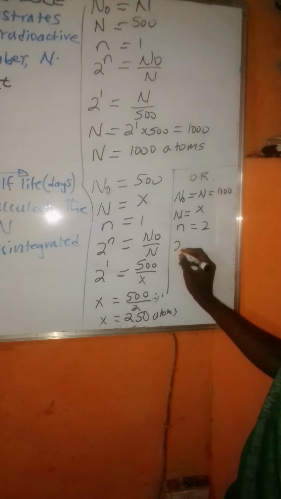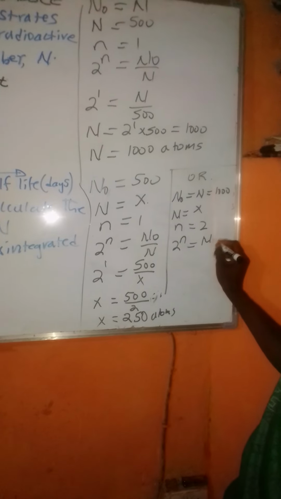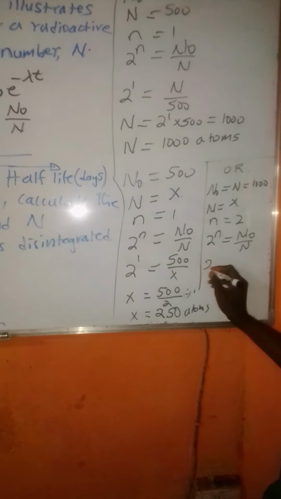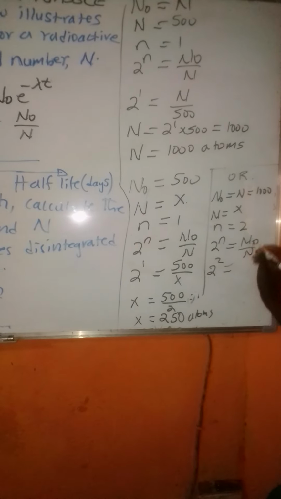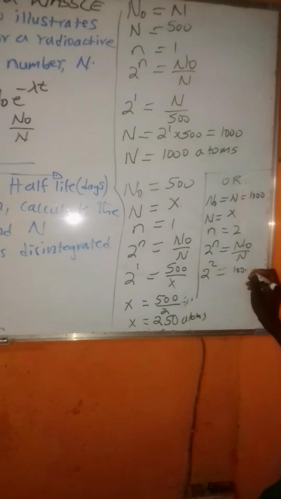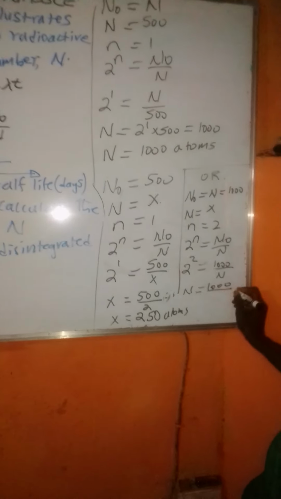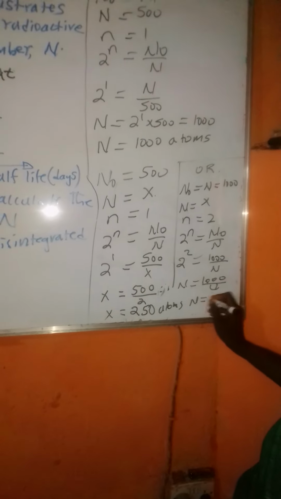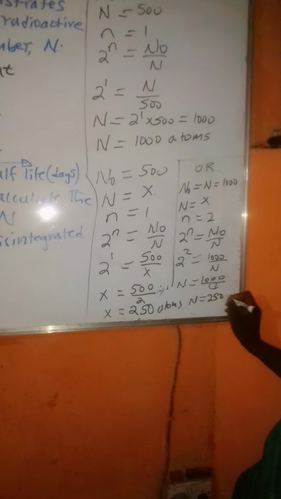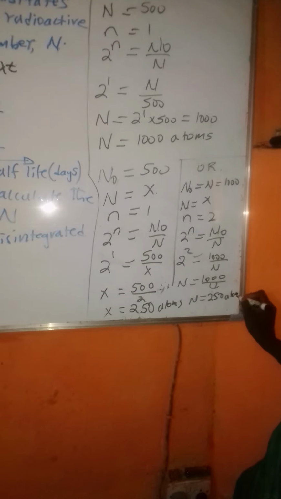So if we use this formula, 2 raised to n equals N0 over N, we have 2 raised to 2, which is n is 2 and N0 is 1000 divided by N. So if we interchange now, 1000 divided by 4, therefore N is equal to 250 atoms.